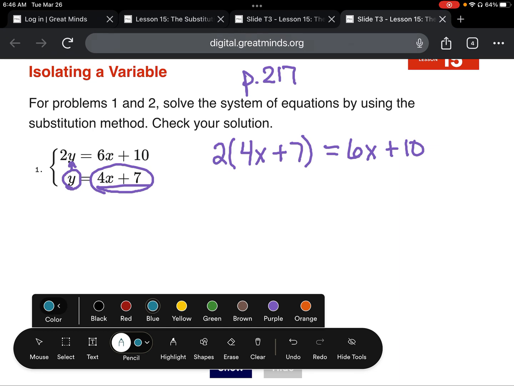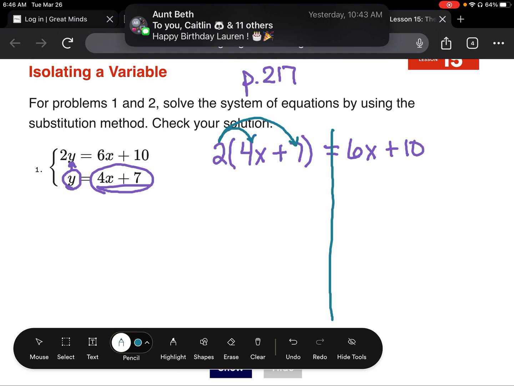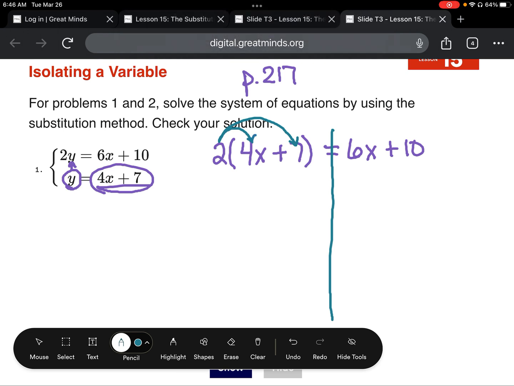So I am going to start by drawing a line down the middle. My step 2 is the distributive property. So 2 times 4x is 8x, and 2 times 7 is 14. That still equals 6x plus 10.